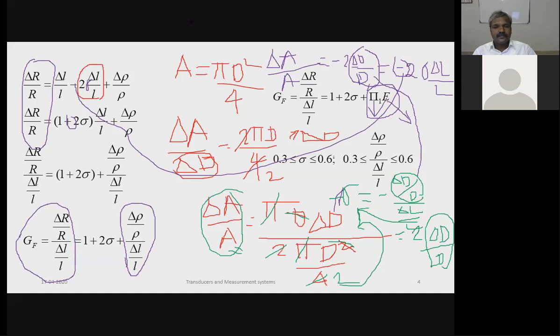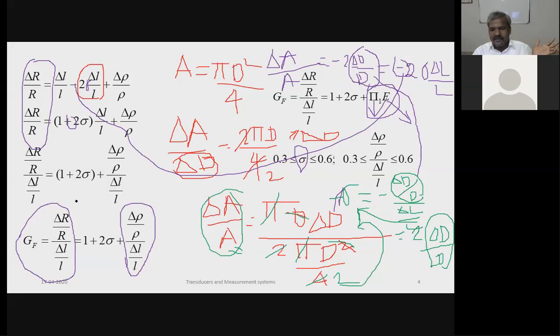This is the piezoresistance coefficient. So this is Young's modulus, and sigma is the Poisson's ratio of the metal.